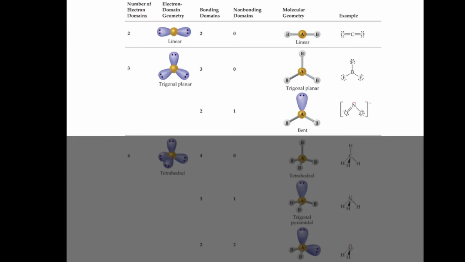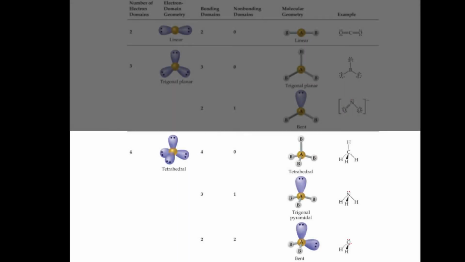So in a trigonal planar molecular geometry, we can generally assume that the angles formed between any of the outer atoms and the central atom is 120 degrees. But in the case of a bent molecular geometry, that angle is squeezed somewhat, and so it's less than 120 degrees, generally about 119.